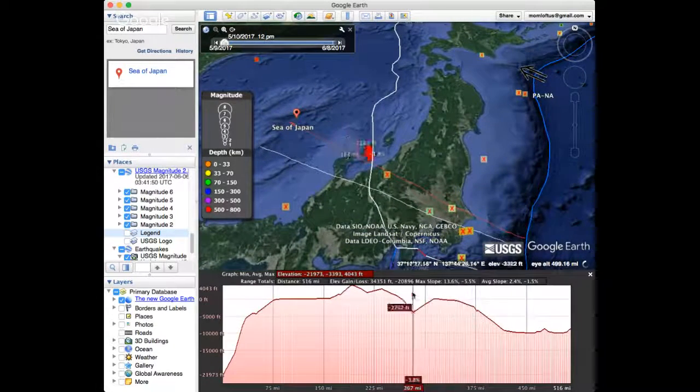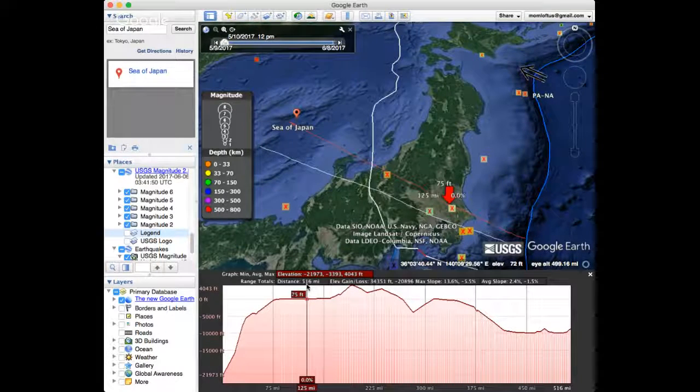Okay, so that was the first one, and the second one. What color is this one by my red arrow on your computer monitors? Is it yellow or is it orange? Yellow.